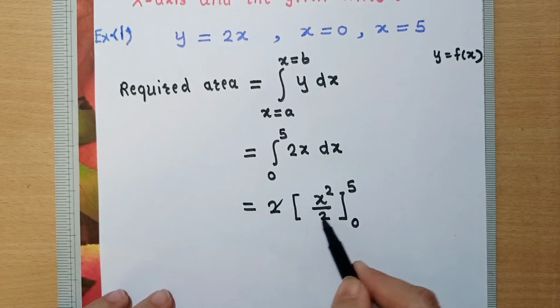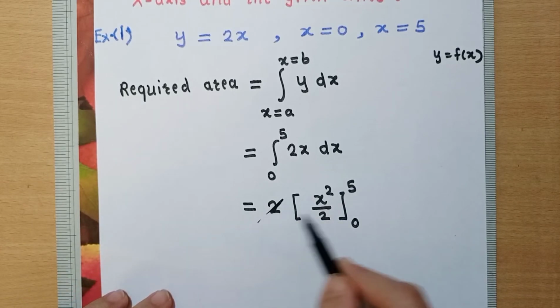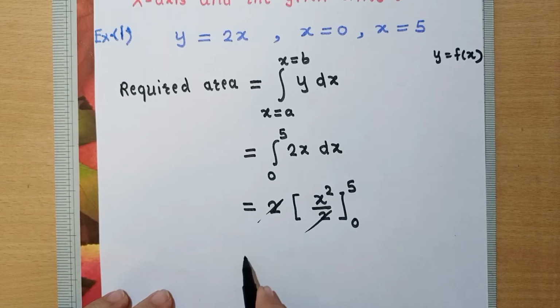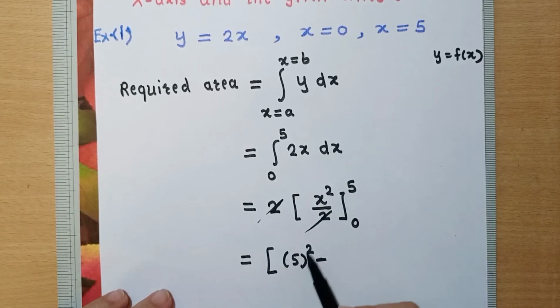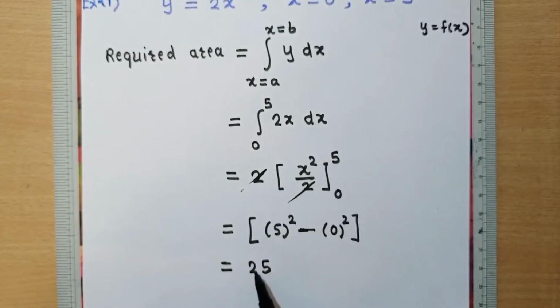If we take this 2 outside, this 2 gets cancelled. Substitute the upper limit first, so 5 square, minus sign, then substitute the lower limit 0 square, and our final answer is 25. Write down the unit also, square units. And in this way we will solve the next example.